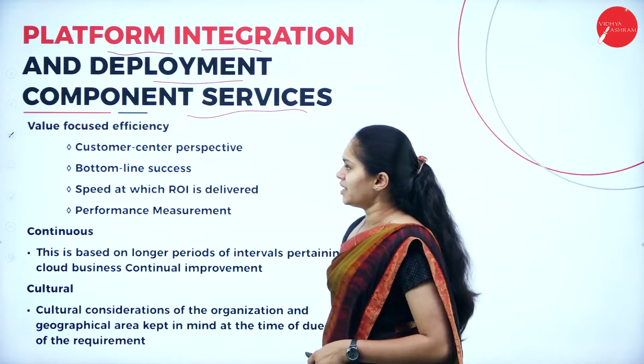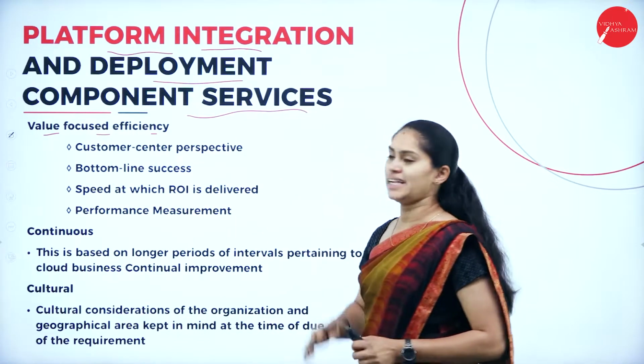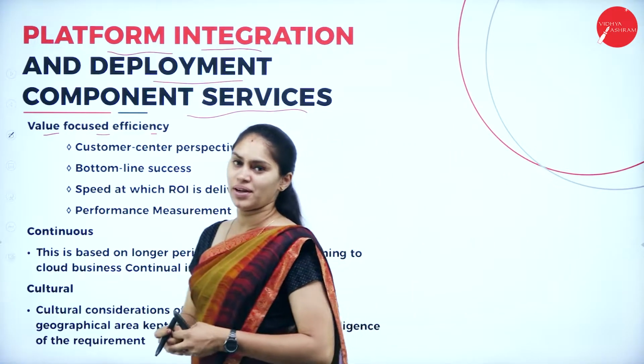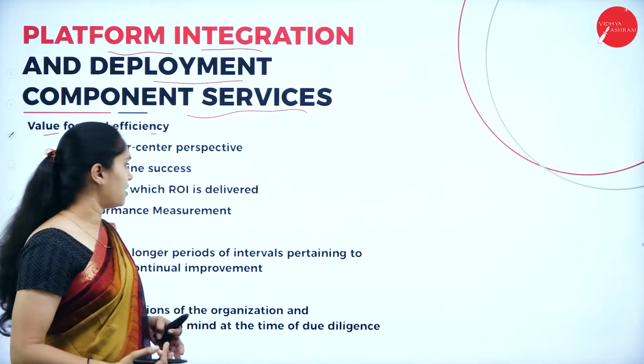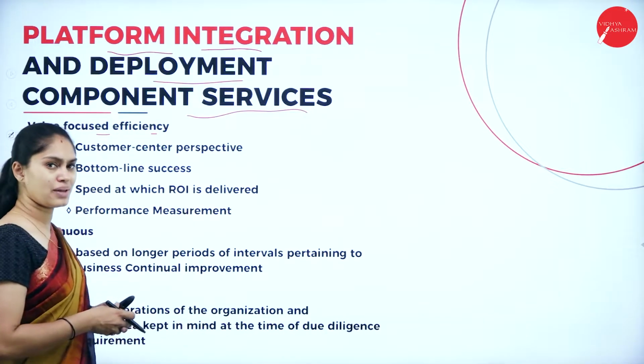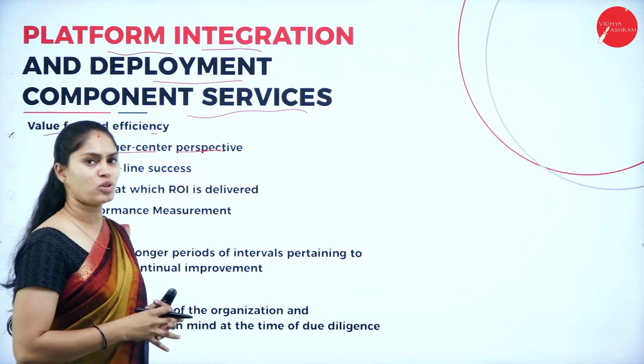So, here it will have a value focused efficiency. This integration of different components and deployment of different components will be very interesting, and it's supposed to be very efficient. So, how will it happen? Customer centric perspective. We have to think about the customer.